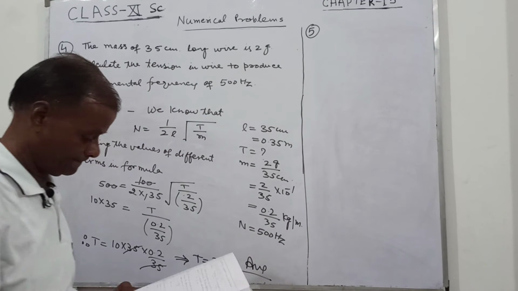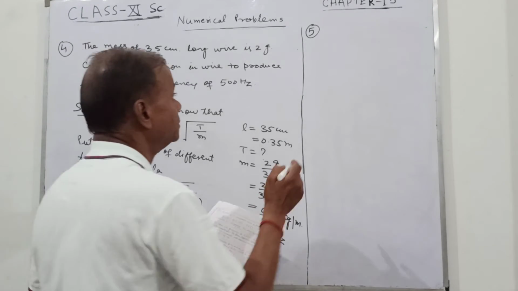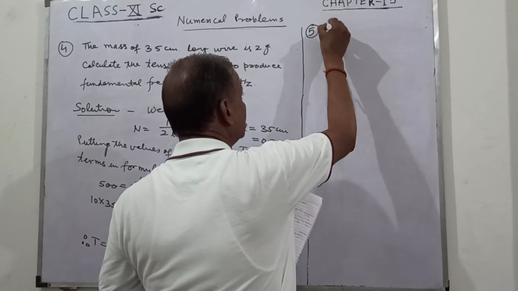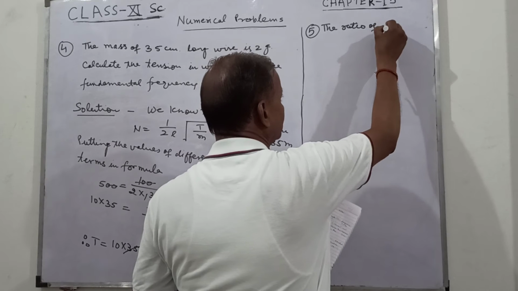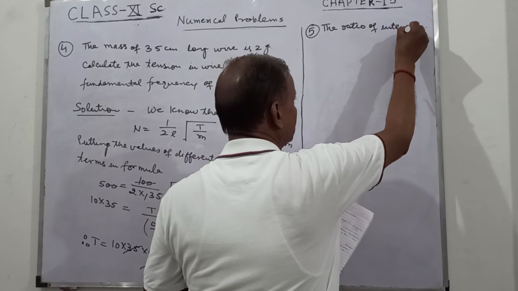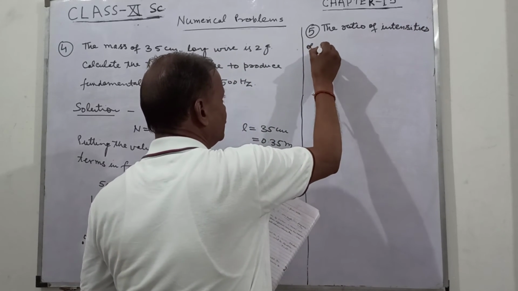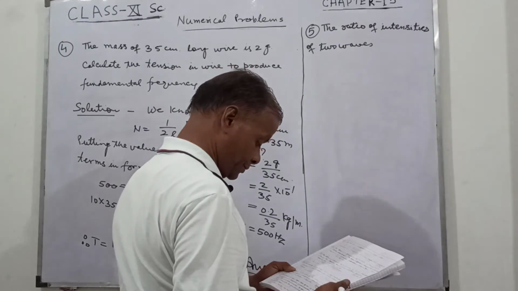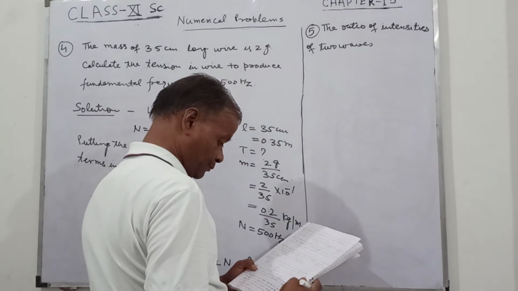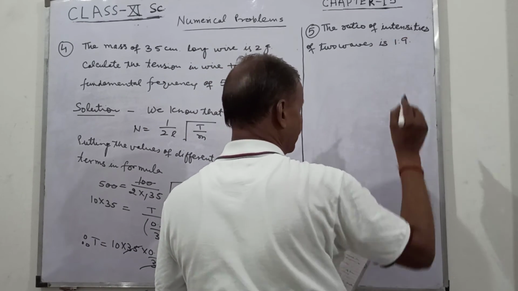The ratio of intensities of two waves is 1:9.